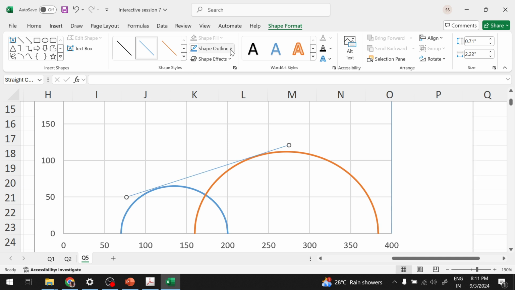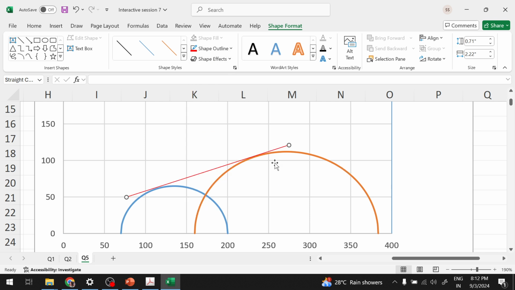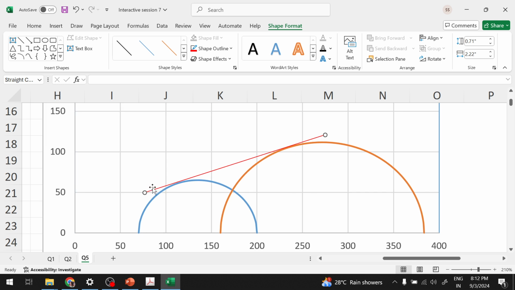Let me change the color of this so that it is visible. Basically, this is what we do.